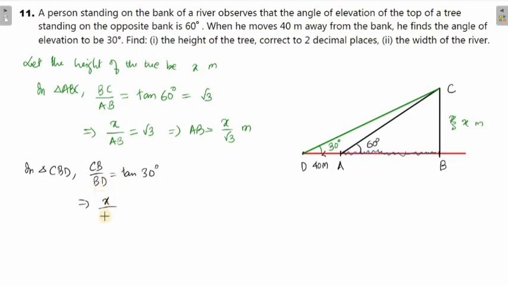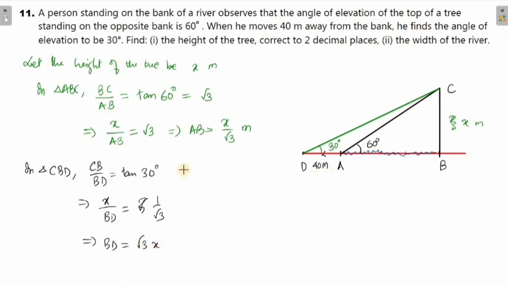BD is not known. So x by BD equals tan 30 degrees. All of you know it is 1 by root 3. Do the cross multiplication and you get BD equals root 3 into x. So we got BD.